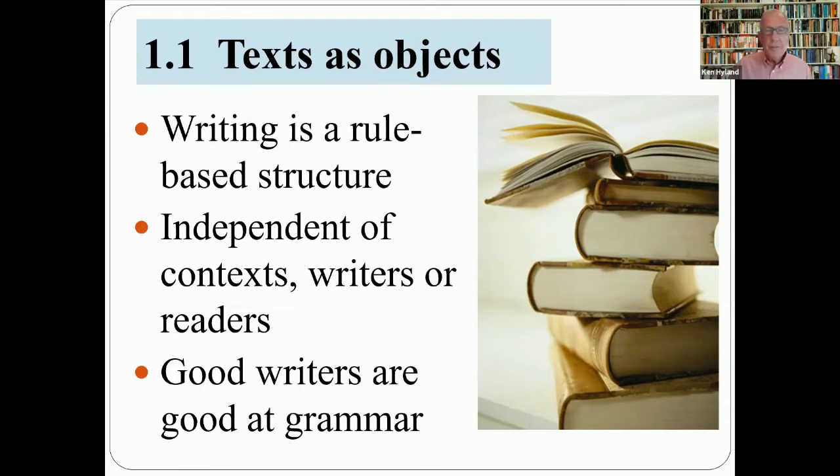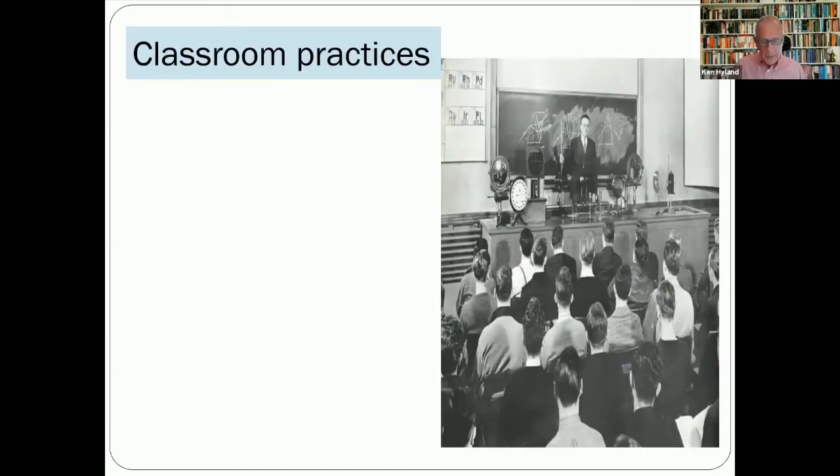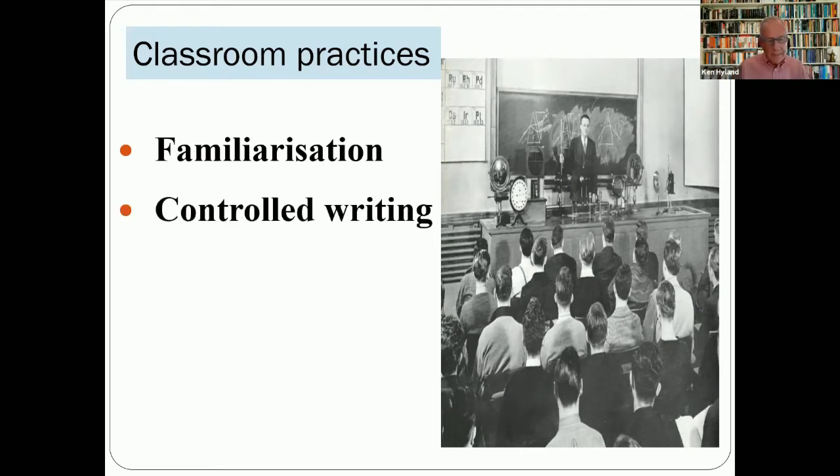In the writing classroom, teachers tend to emphasize language structures, often in 4 stages. First of all, there's some kind of familiarization activity where learners study a text to understand its main grammar and vocabulary. Then there's usually a controlled writing where students manipulate fixed patterns, often using a substitution table.